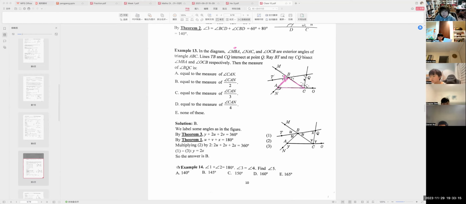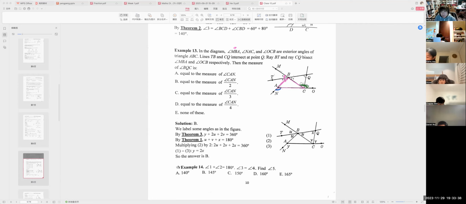And NAC, and also I changed another color. OCB are exterior angles of the triangle ABC.